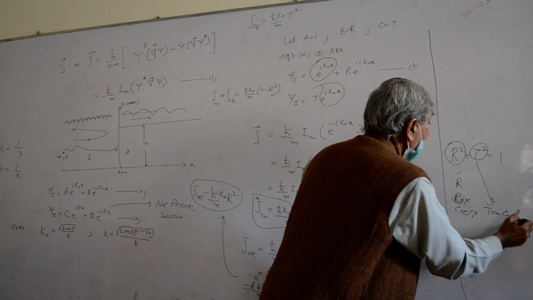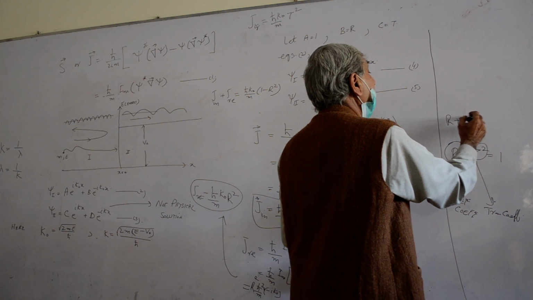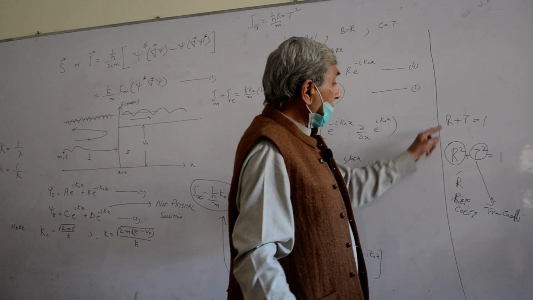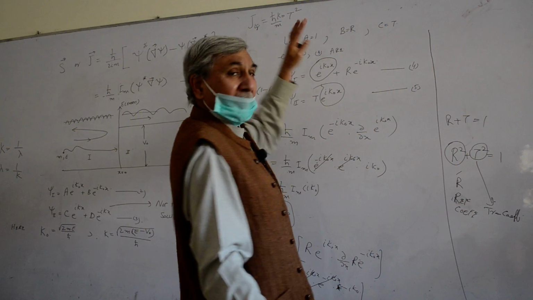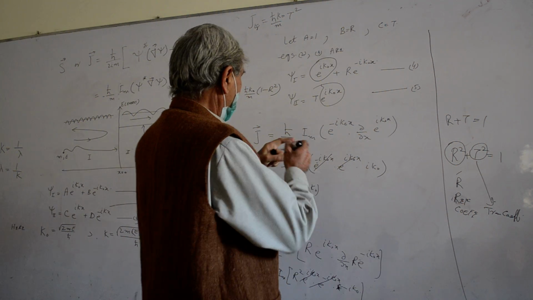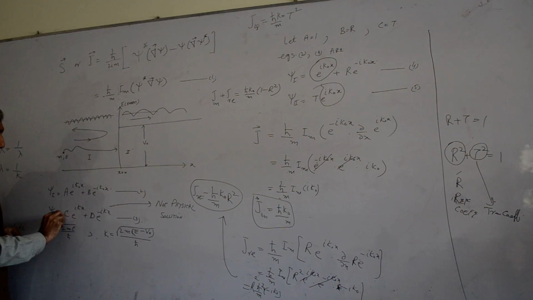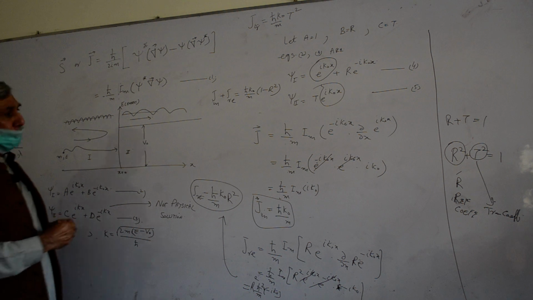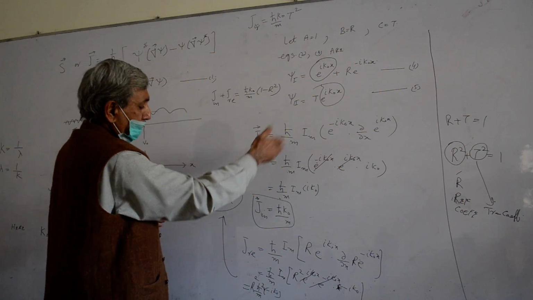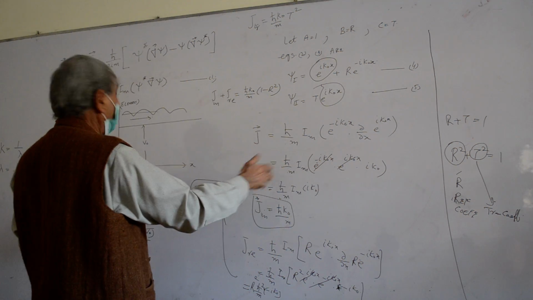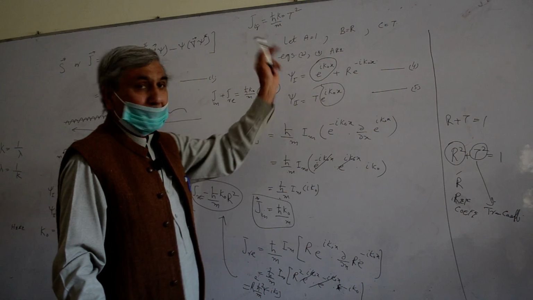Now remember, some books don't write r square, they write r plus t is equal to 1. Now r means r square because I have used different symbols. I have taken a is equal to 1, b is equal to r. If you don't do that, you leave a is equal to a, b is equal to b, c is equal to c and eliminate that, then of course you will have some a square there and b square somewhere and c square somewhere, and then from there you can say that this thing is equal to r and this thing is equal to t.